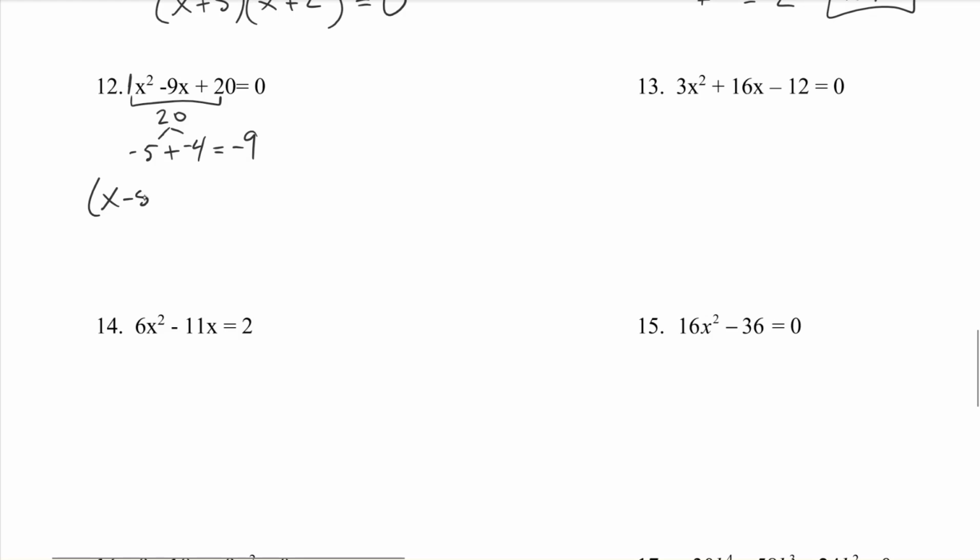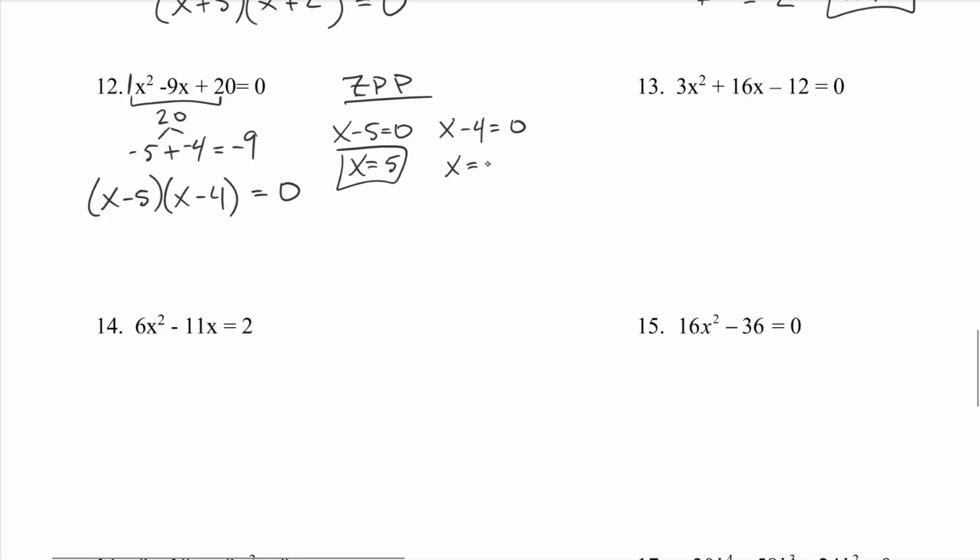The quantity x minus 5 times the quantity x minus 4 equals 0. Zero product property is going to say x minus 5 equals 0 and x minus 4 equals 0. So x equals 5 and x equals 4.